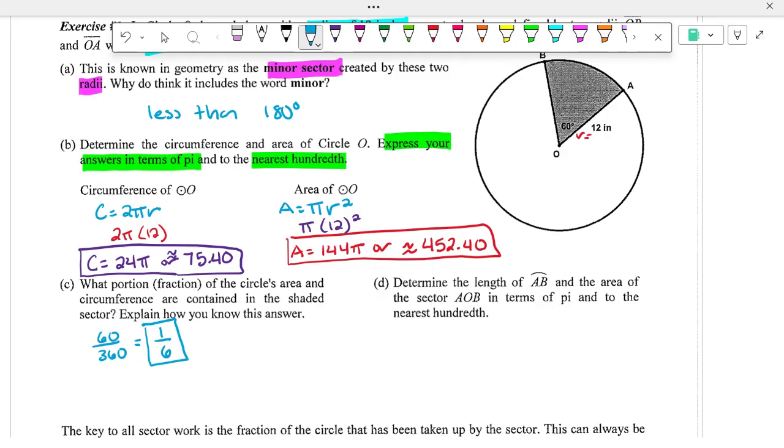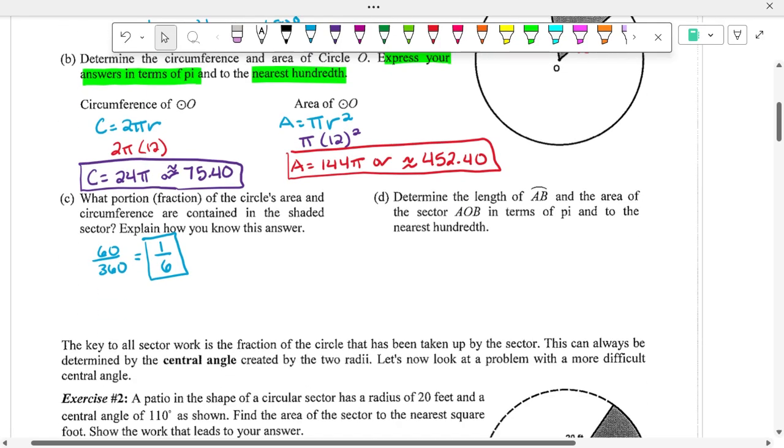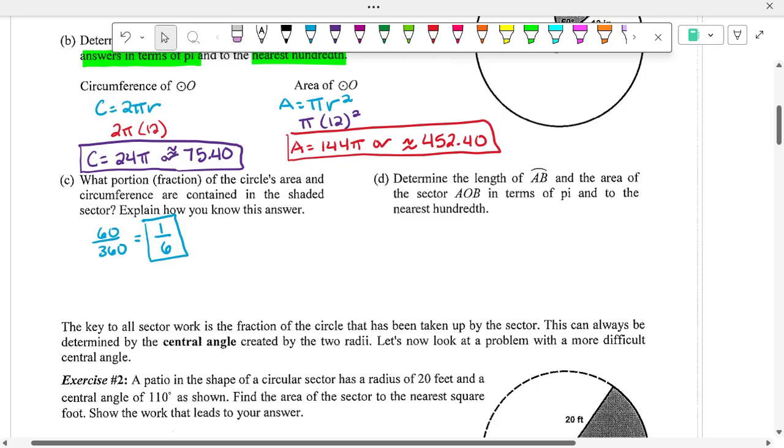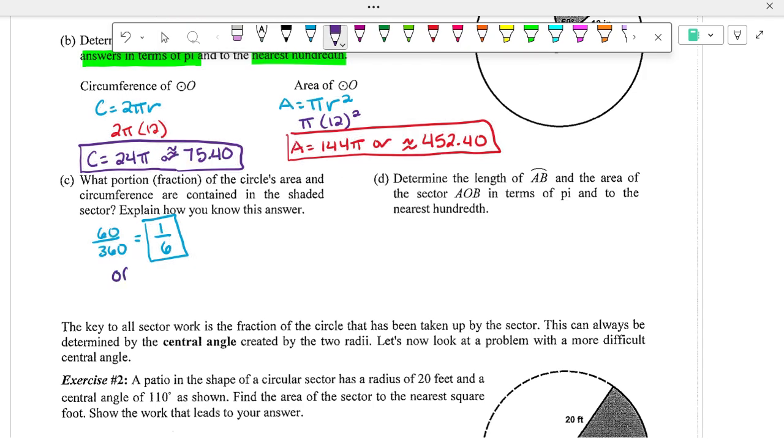Now that we know we have 1/6 of the circle shaded, we can find that arc length and that sector area.